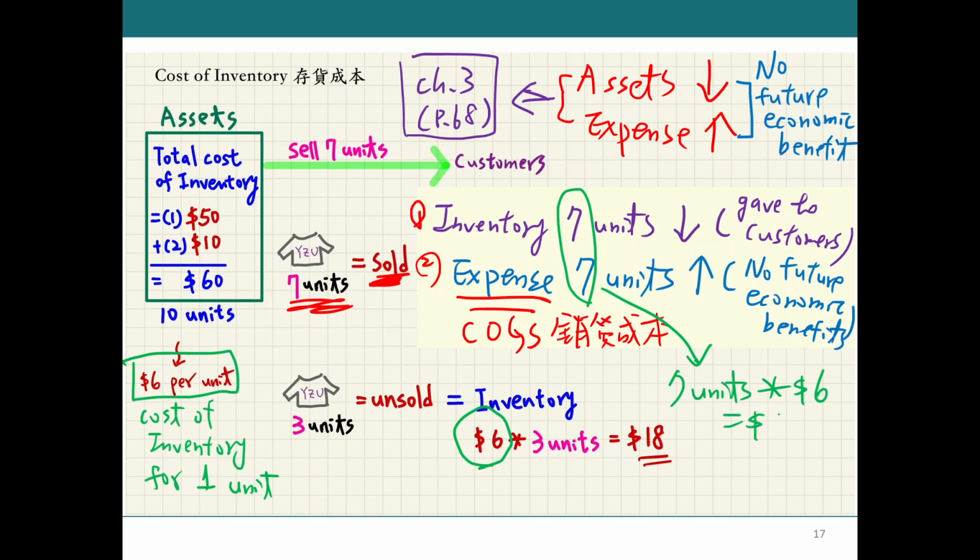For your 7 units, the amount should be 42. Any questions? So that's how we get the amount for your cost of goods sold. $42 is my cost of goods sold, my expense.